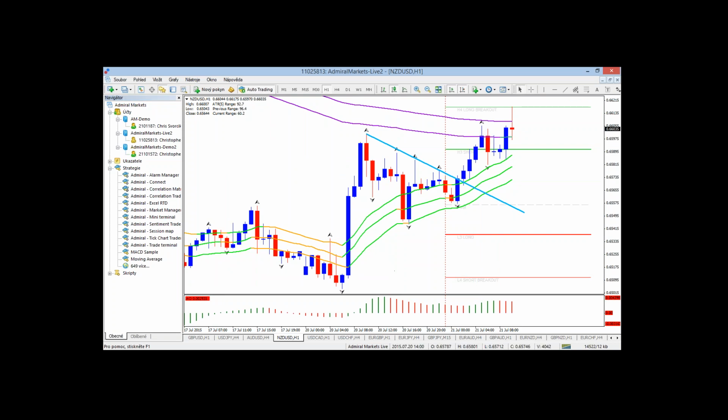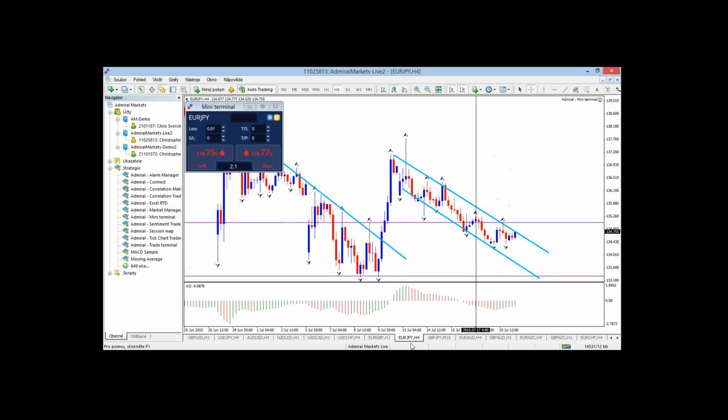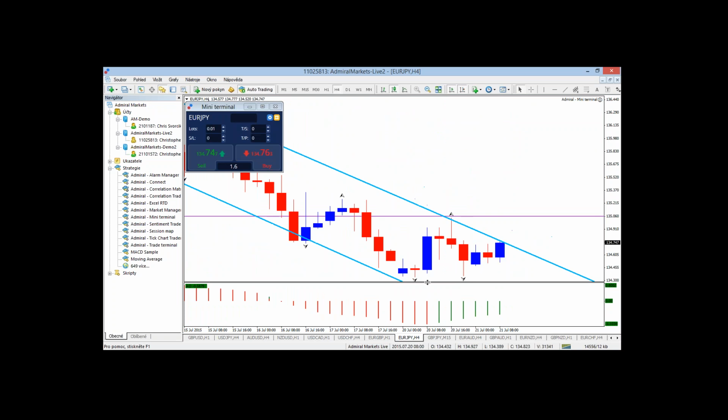So let's see. Pierre saying euro yen is breaking H3. This is the 7th candle, so it could, right here from this bottom, which means that this downside is perhaps indeed over.